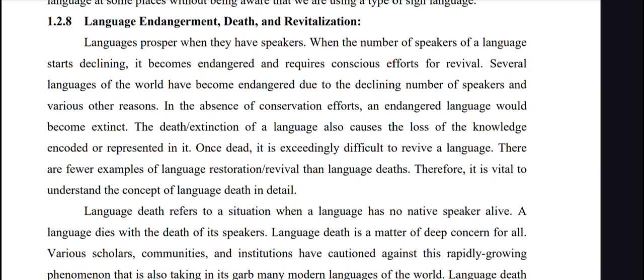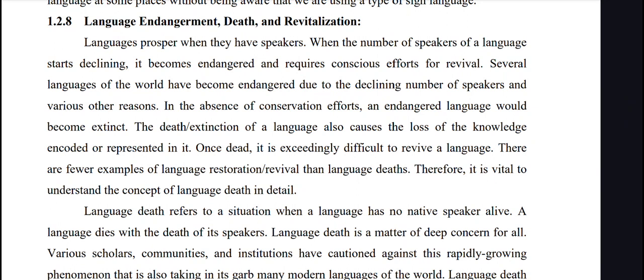Several languages of the world have become endangered due to the declining number of speakers and various factors that result in the absence of conservation efforts. The death of a language also causes the loss of the knowledge incurred or represented in it.